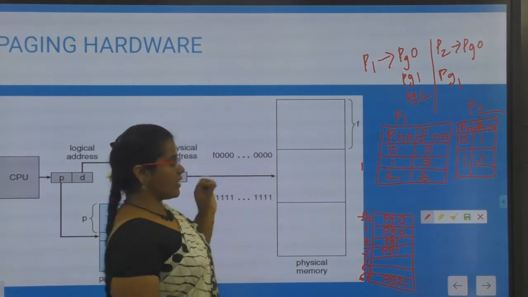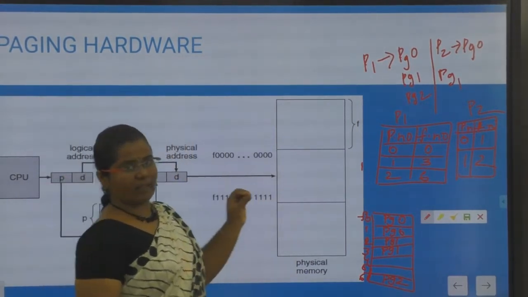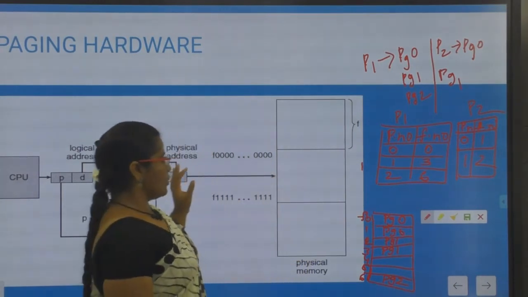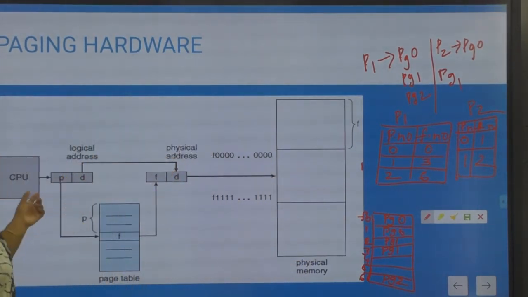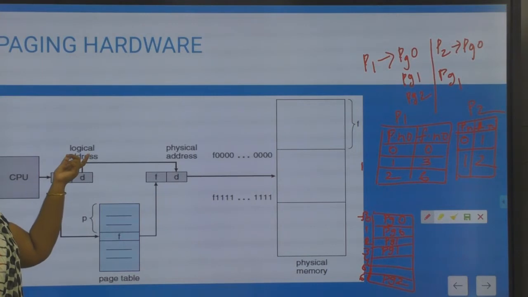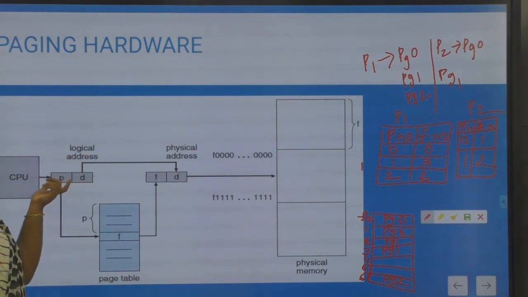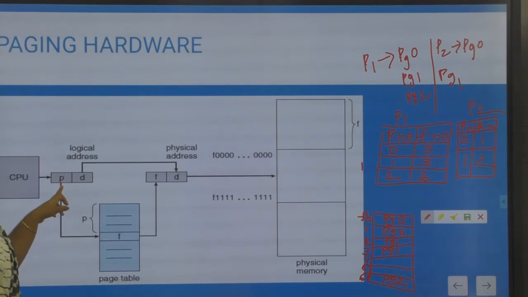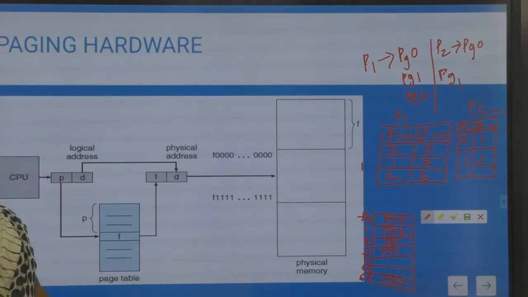Now whenever the CPU wants to execute a particular byte of a particular page in a process, observe the diagram here. The CPU will generate the logical address, which consists of 2 parts, the page number and the offset number. This page number will act as an index to your page table.